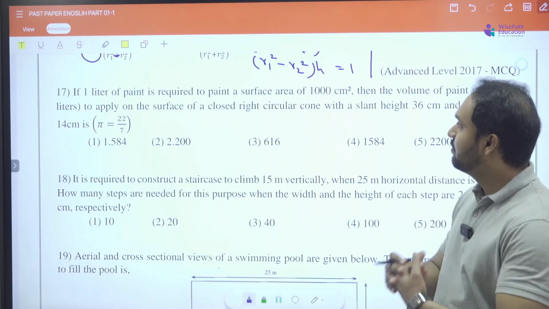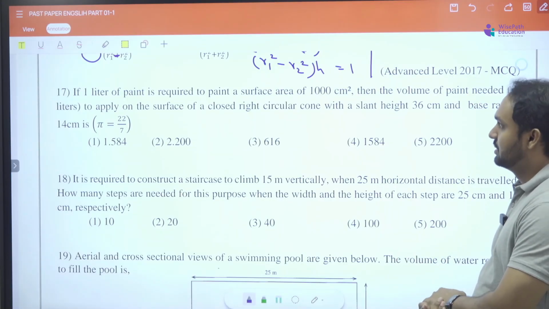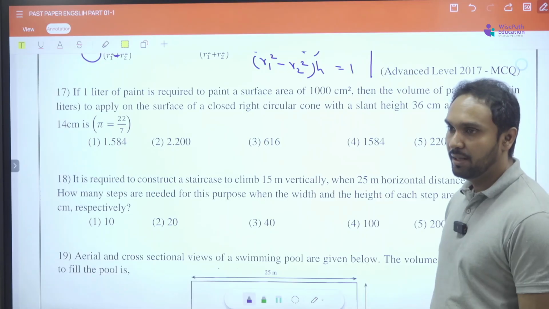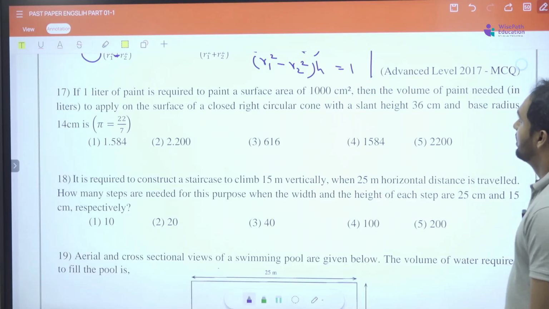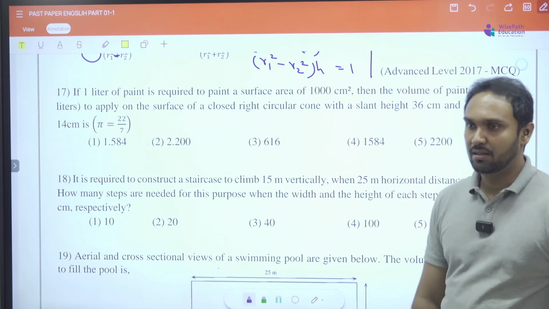If 1 liter of paint is required to paint 1000 square centimeters, then the volume of paint needed in liters to apply on a surface of a closed right circular cone with a slant height 36 centimeters, base radius 14 centimeters. You just have to find the volume, isn't it? So find it.